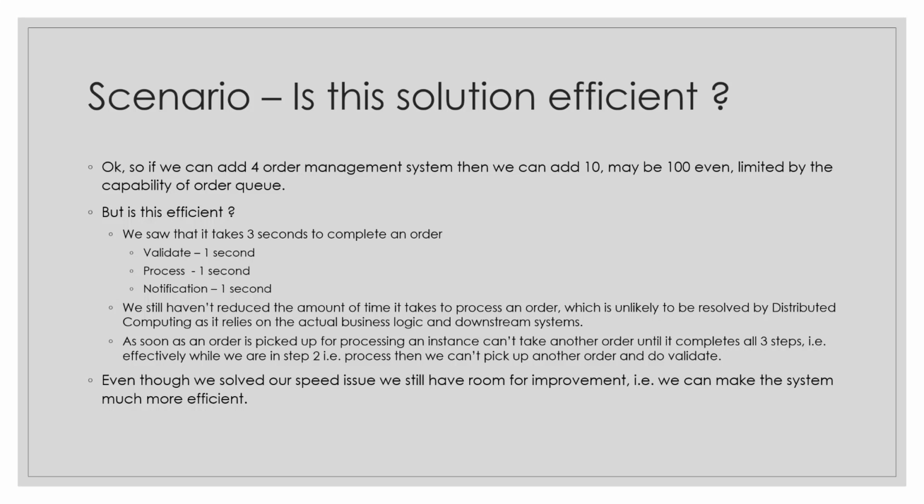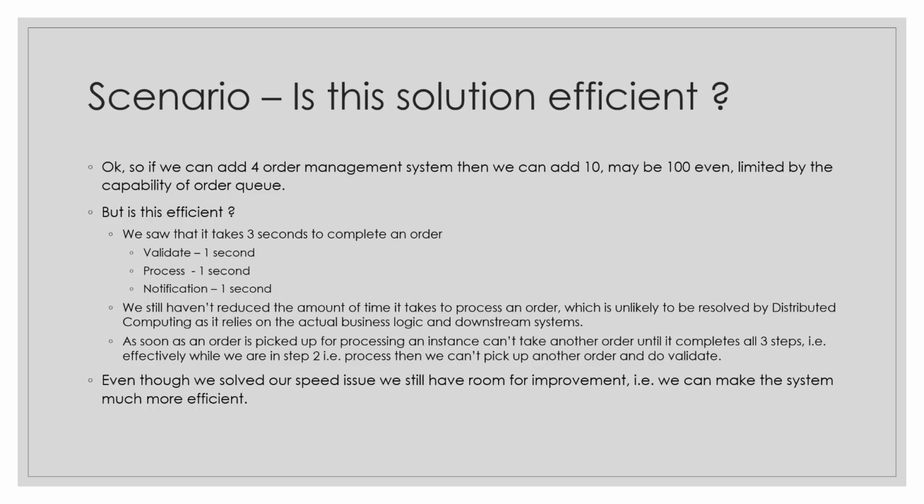For example, if we take just one instance, while it's processing an order, even though it has the resource to do the validation, it doesn't do the validation, because it needs to finish the notification of the first order before it moves on to the validation of the next order. So basically, it has to complete one order fully before it moves on to the next order.